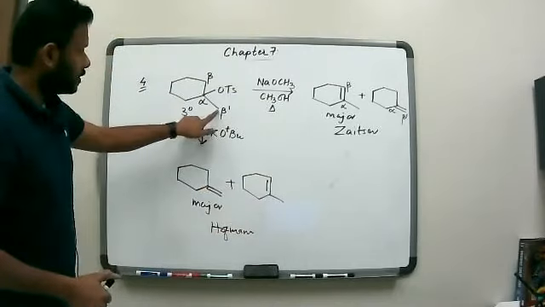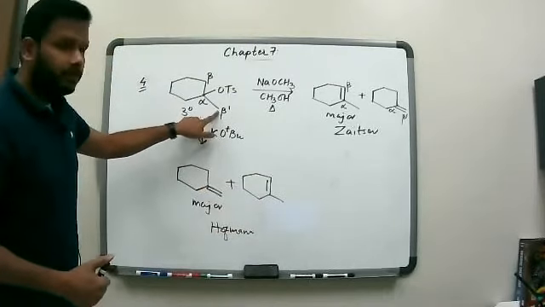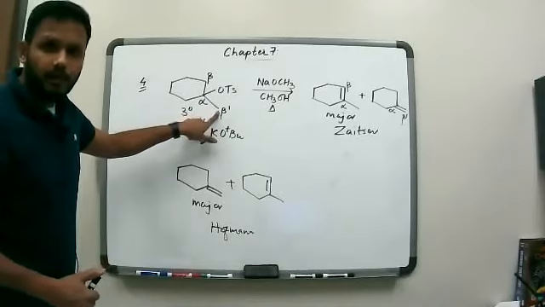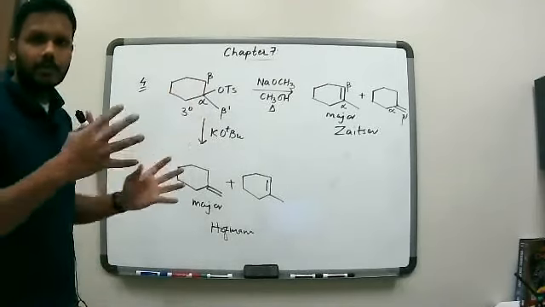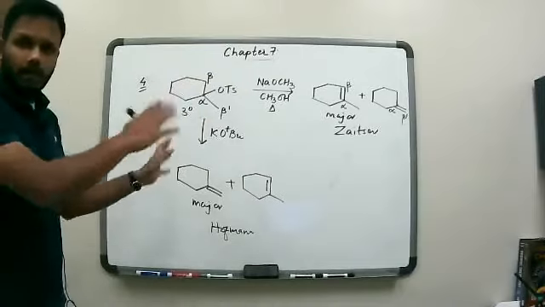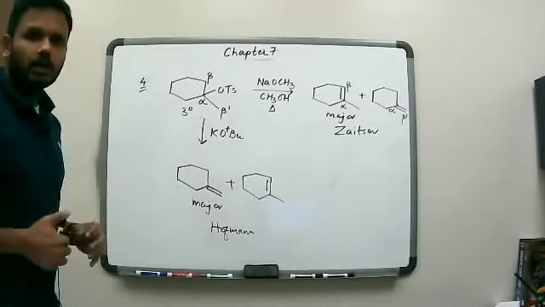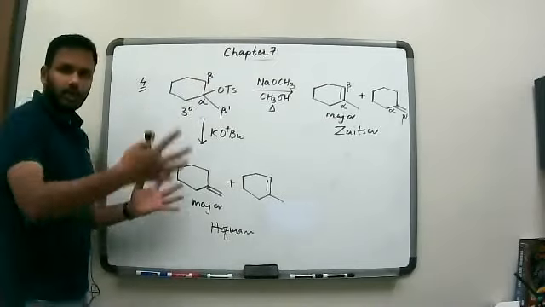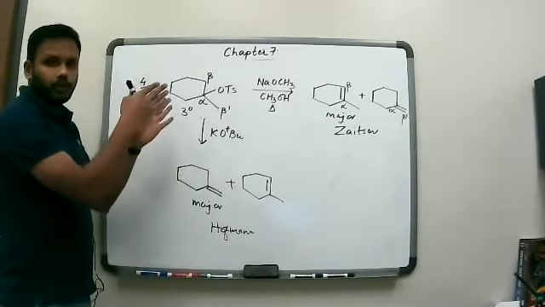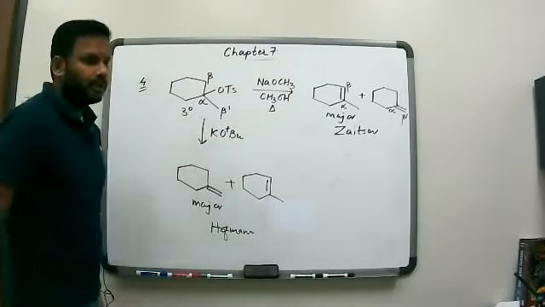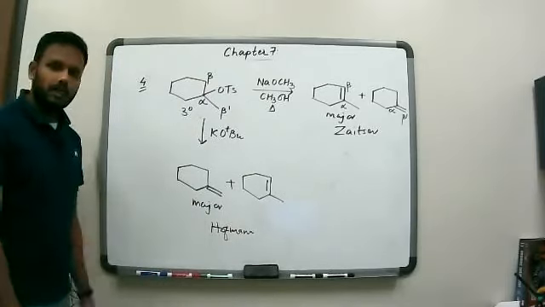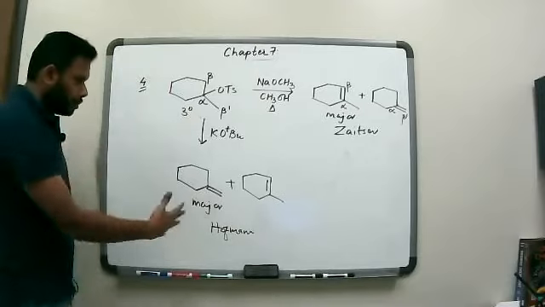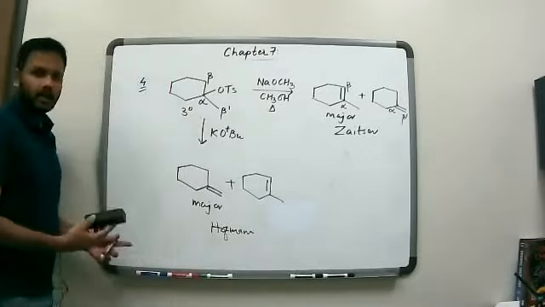It would prefer to deprotonate at the primary beta carbon compared to a secondary beta carbon. So sterics is the key. We discussed this in the video on E2. Whenever you have a bulky base, it would like to go for the less substituted beta carbon to deprotonate, and the major product would come from there. So we get the Hofmann product there. It behaves like alkyl halides essentially.